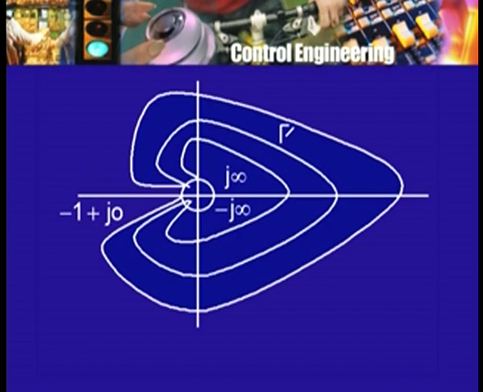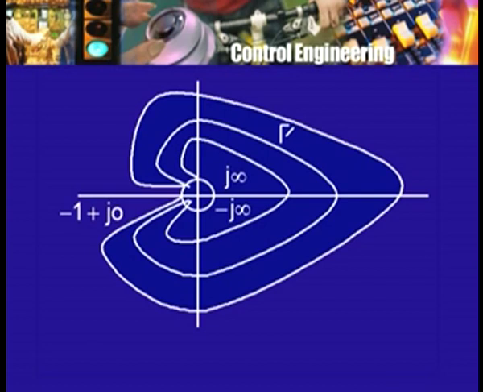So, this is how, with the experimental Nyquist plot, completing it this way by using this mirror image fact, and also, if the number of poles is greater than the number of zeros, this is what is going to be the image of the infinite semicircle. We can look at the relationship of the plot with respect to the point minus 1 plus j 0 and determine the number of encirclements of this point by this plot, and that, by Cauchy's theorem, is equal to the number of zeros of 1 plus GH minus the number of poles of 1 plus GH.